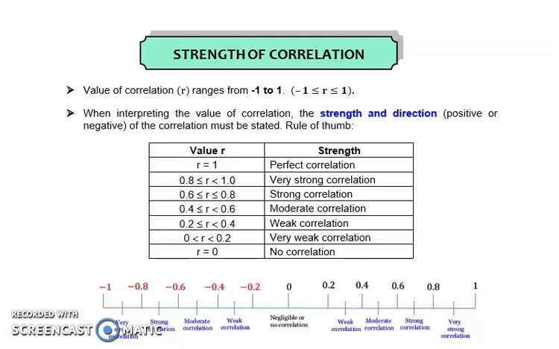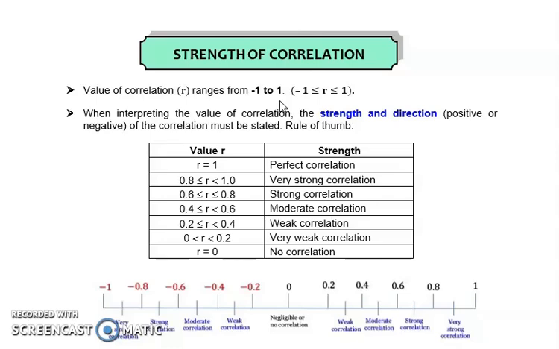Okay, here we must know that when we calculate coefficient of correlation, so the value must be between from -1 to +1. Okay, so if you get beyond this value, so means that there will be some mistake in your calculation.